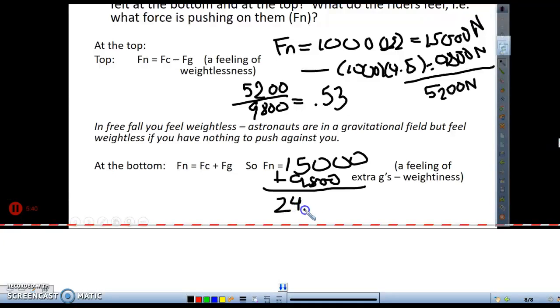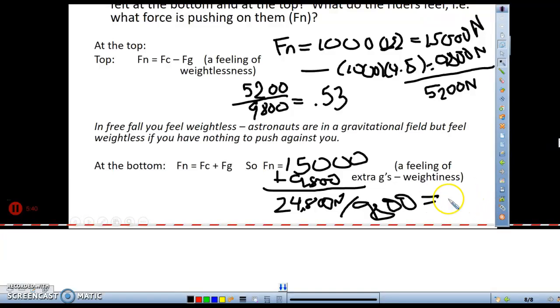Now compare that to what you'd feel on the ground. So let's go ahead and divide that by just the 9,800 to see what's happening. Oh my goodness. And compared to the 9,800 you'd feel, we're looking at about 2.53 Gs. And that would be probably about the max that a roller coaster would want to do.